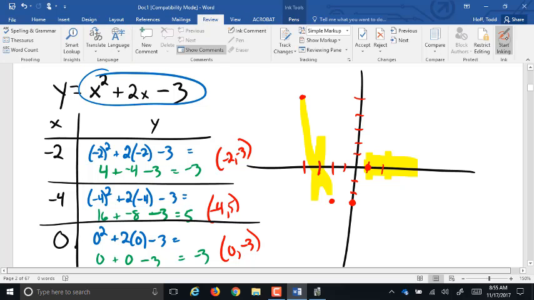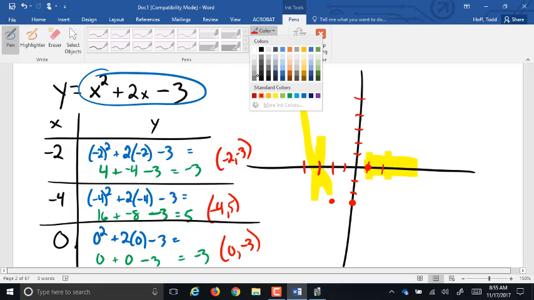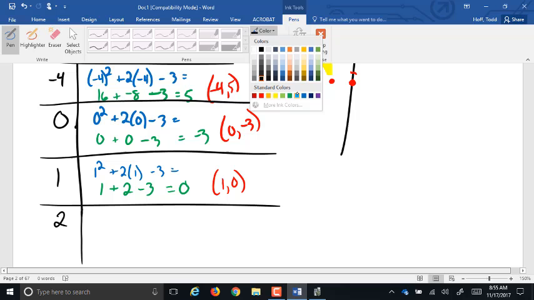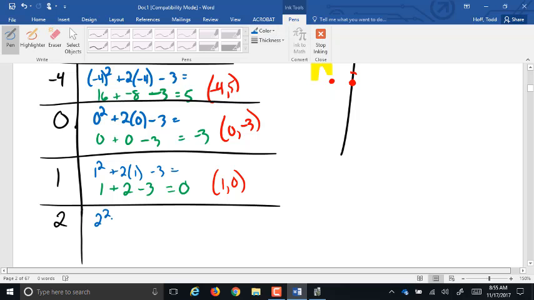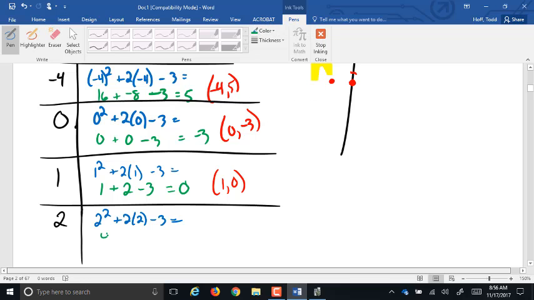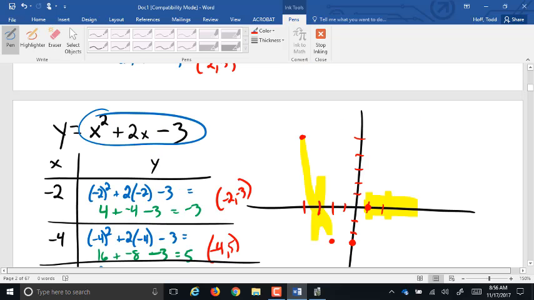Back here. 2 squared plus 2 times 2 minus 3. 2 squared is 4. 2 times 2 is 4. Minus 3, so it's going to be 5. So 2, 5 right there.